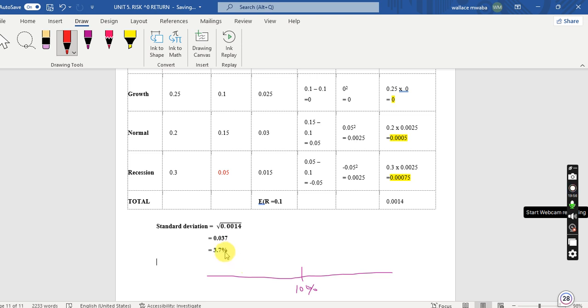So I can say 3.7 plus 10 you get 13.7%, and 10 minus 3.7 is 6.3%.